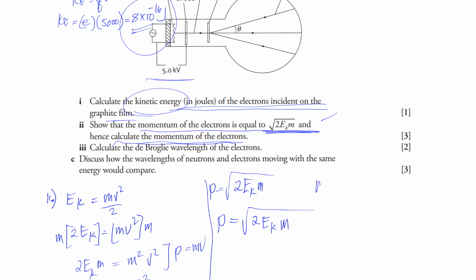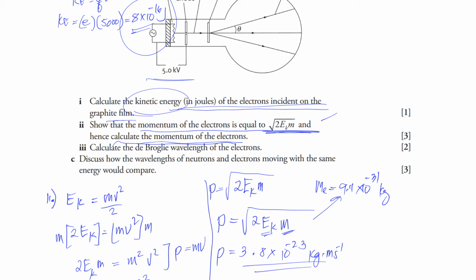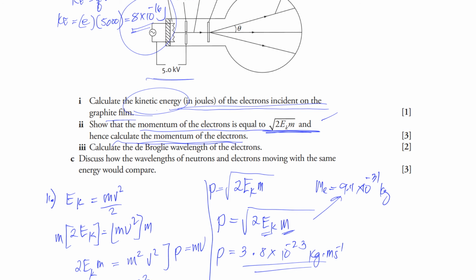I'll just write it here. The mass of electron is 9.11 times 10 to minus 31 kilogram. So the energy at the top, mass of electron is given, and your momentum is 3.8 times 10 to minus 23 kilogram meter second negative 1. That is your momentum. Now, let's go to letter C.